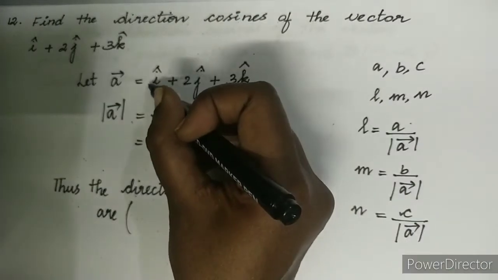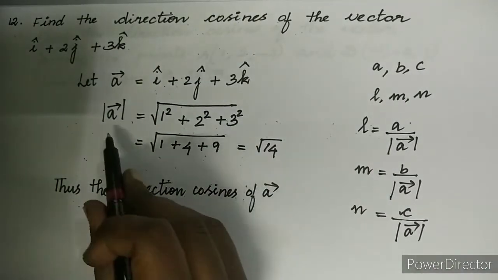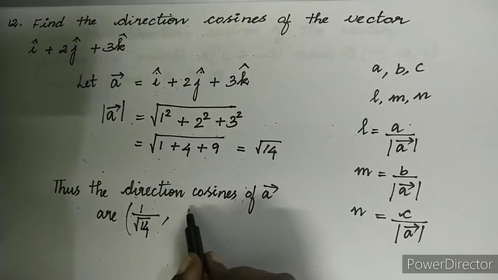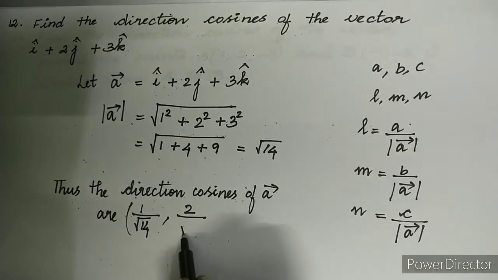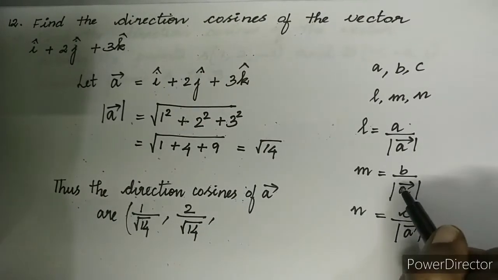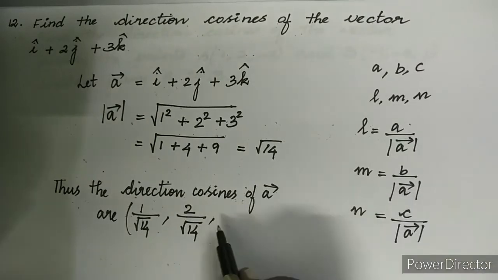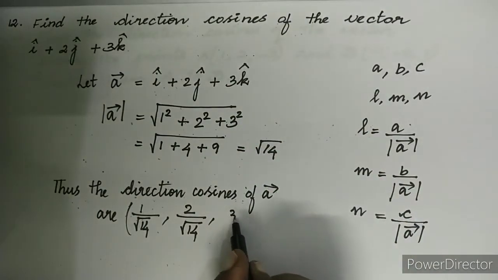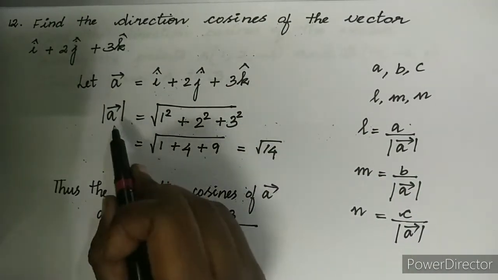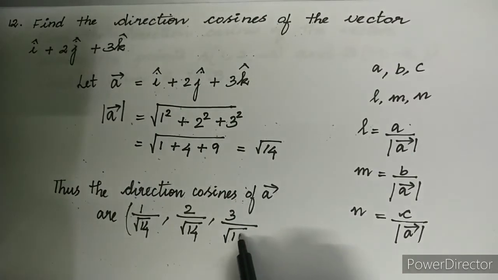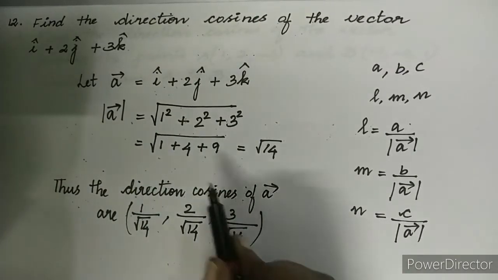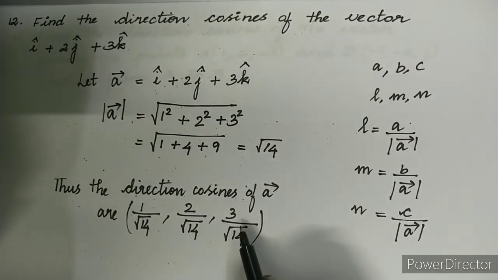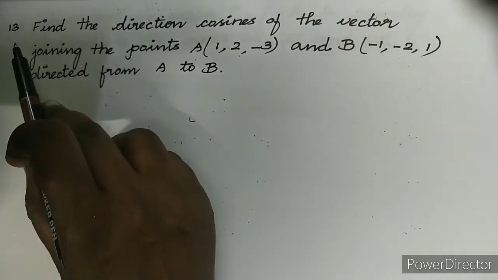Our a is 1, so 1 by root 14, comma 2 by root 14, because our m is b by magnitude of a vector and our n is c by magnitude of a vector. c is 3, so 3 by root 14. So the direction cosines of a vector are 1 by root 14, comma 2 by root 14, comma 3 by root 14.